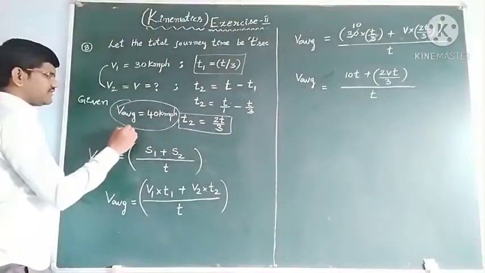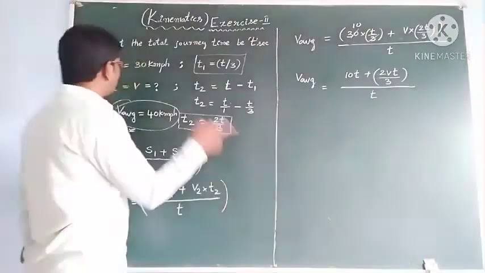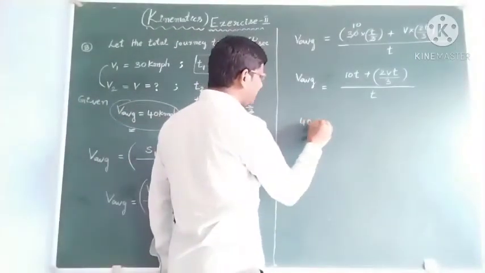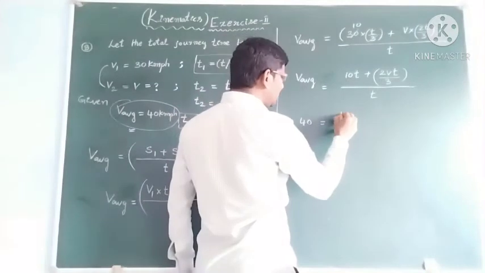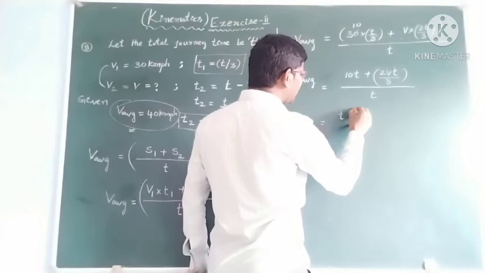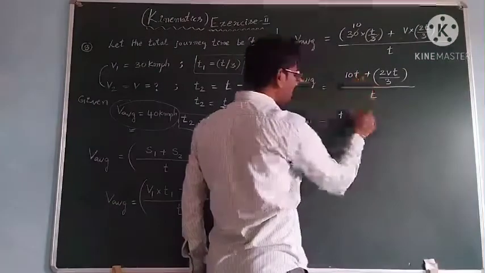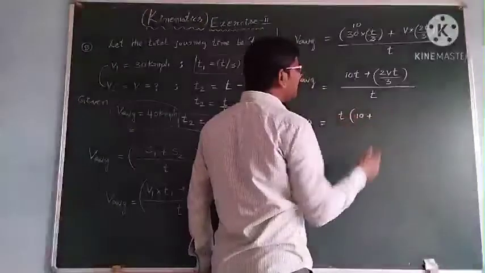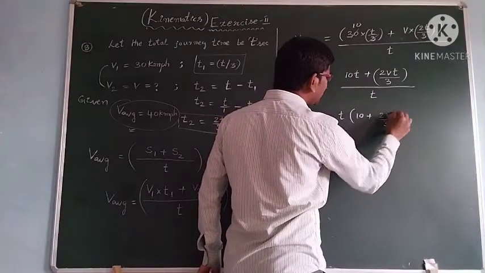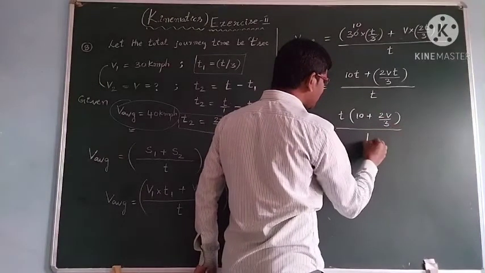The average velocity is given already, and the question is V2 we have to find. So 40 is equal to, take 10 common, T common. 10 plus, again T common, what is left is 2V by 3, by T.